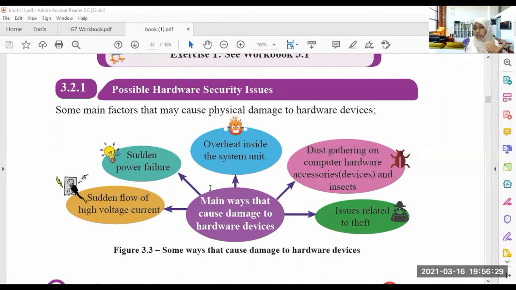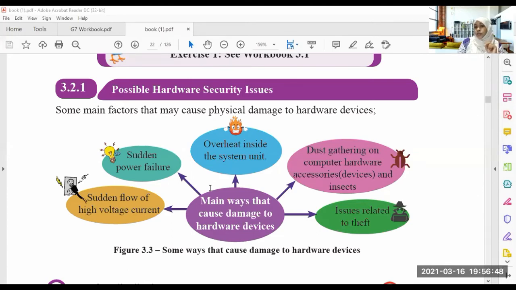Your computer can be damaged. Understood? So sudden power failure also can cause damage to your computer, because suddenly your computer goes off. Okay, so it is another issue.